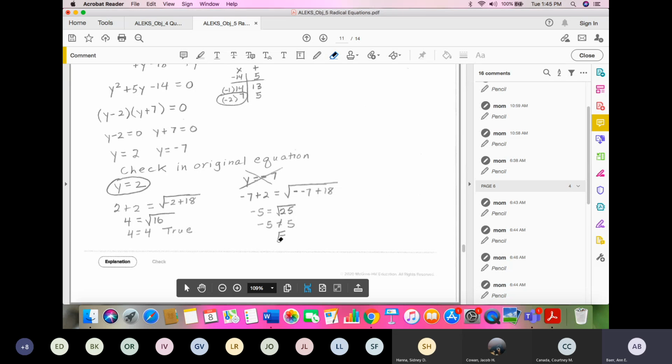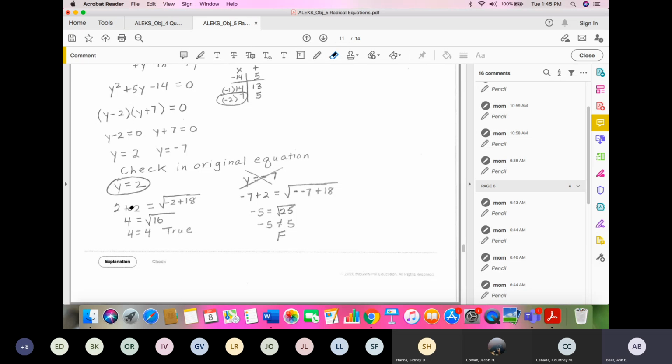So the answer is false. This doesn't work in the original equation. It's just by the process of squaring that it came up, but it doesn't work. So when you square, whatever numbers you get for your variables aren't always going to work. So you've got to check. So the only solution in this case is y equals 2.